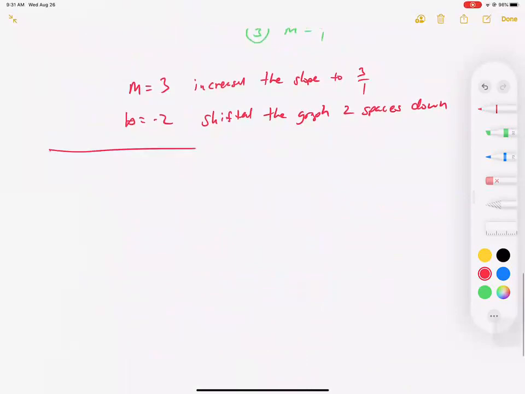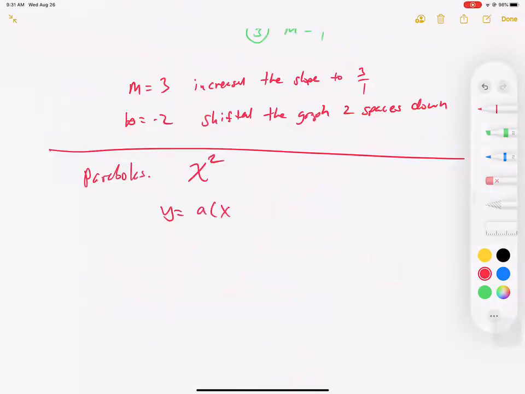Okay, let's do parabolas now. Parabola graphs are defined by anything that's x squared. That's the highest exponent is x squared. And our standard version for it is y is equal to a(x minus h) squared plus k. This looks pretty fancy.